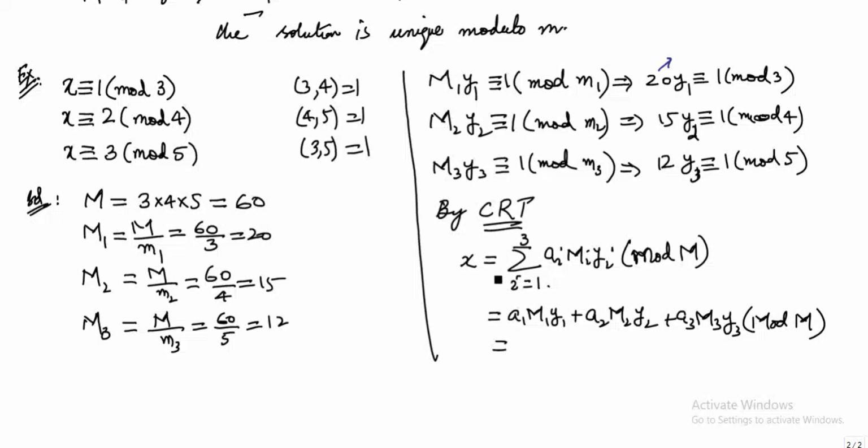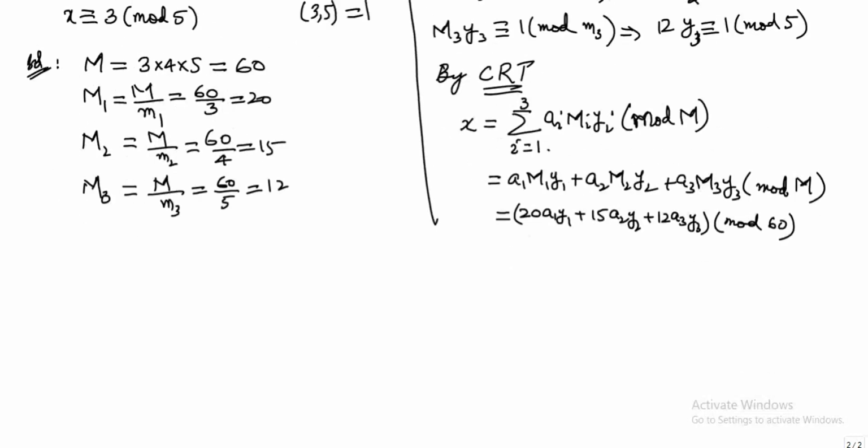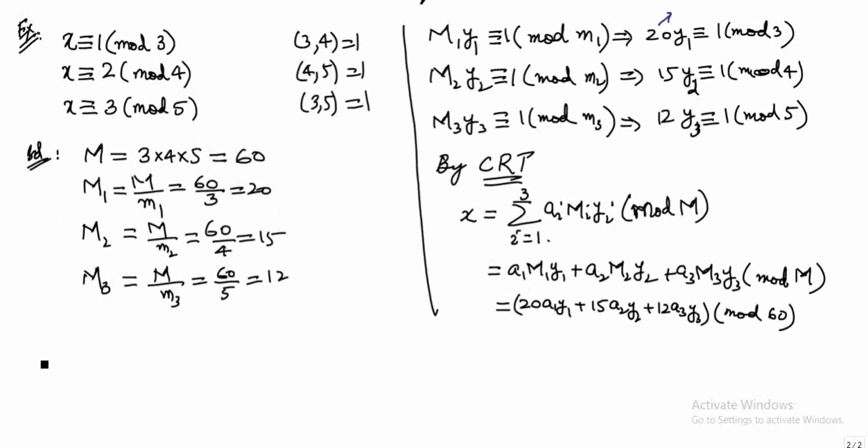So it's better to find the solutions of these linear congruences. Let's write the values here: M1 is 20, so 20 a1 y1 plus 15 a2 y2 plus 12 a3 y3 modulo capital M, which is 60.